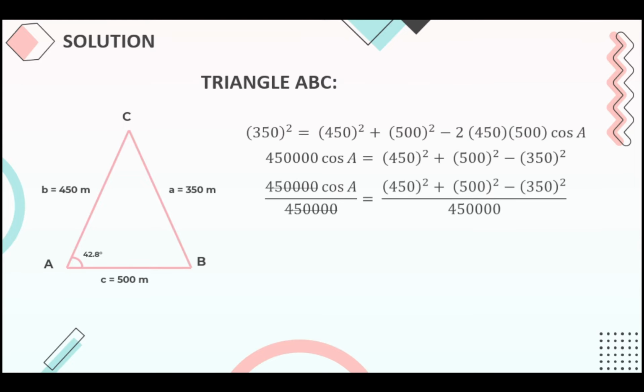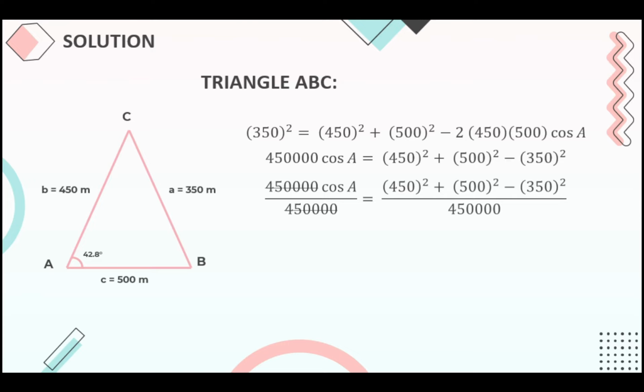We have 350 squared equals 450 squared plus 500 squared minus 2 times 450 times 500 cos A. Negative 2 times 450 times 500 cos A is equivalent to negative 450,000 cos A. You need to add 450,000 cos A and subtract 350 squared on both sides.